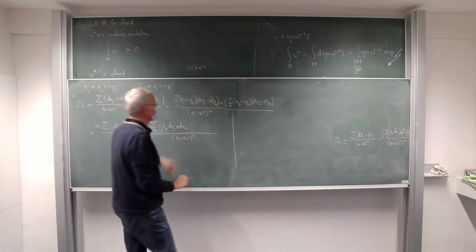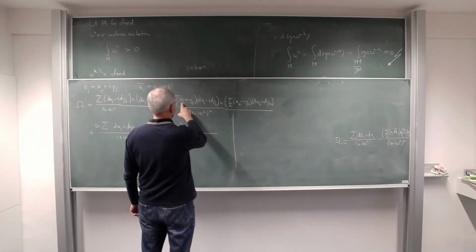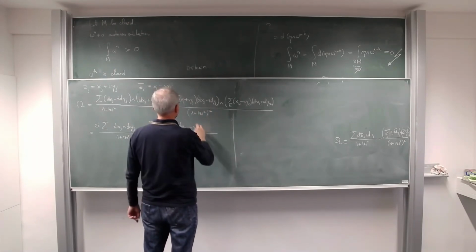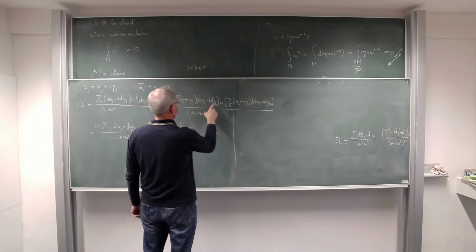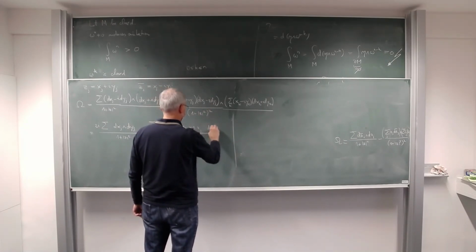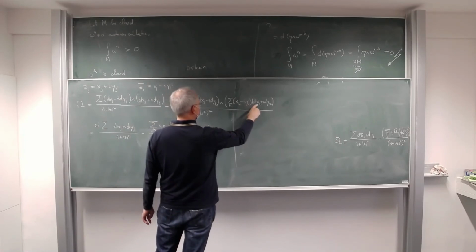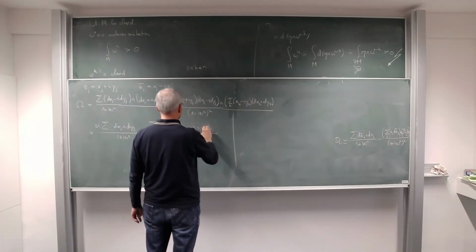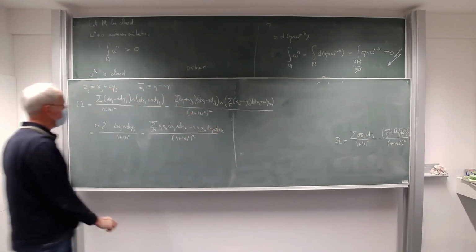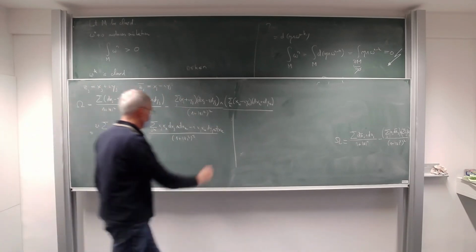That's one thing. We have xj minus i xj dyj times xj dxj, dxk.